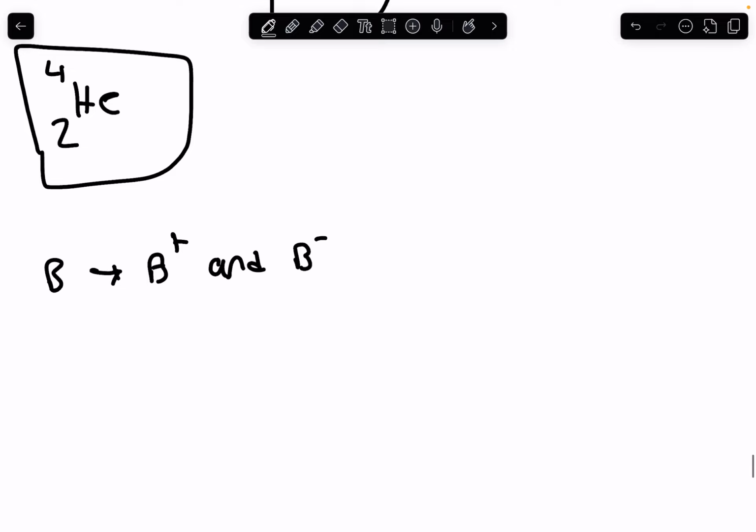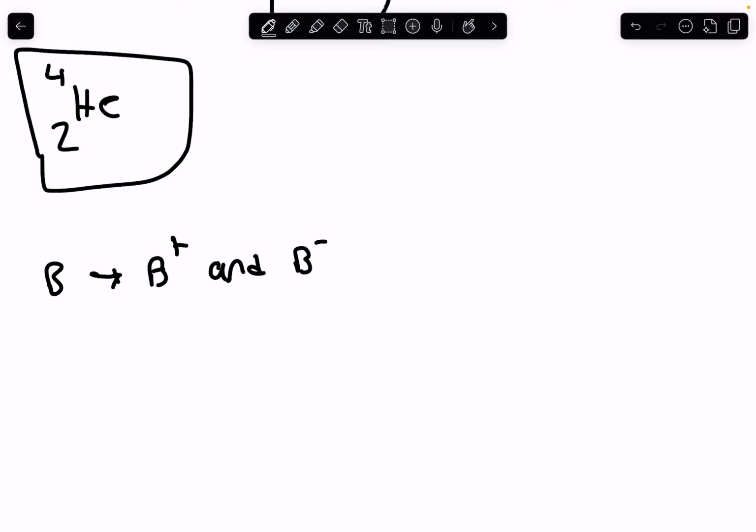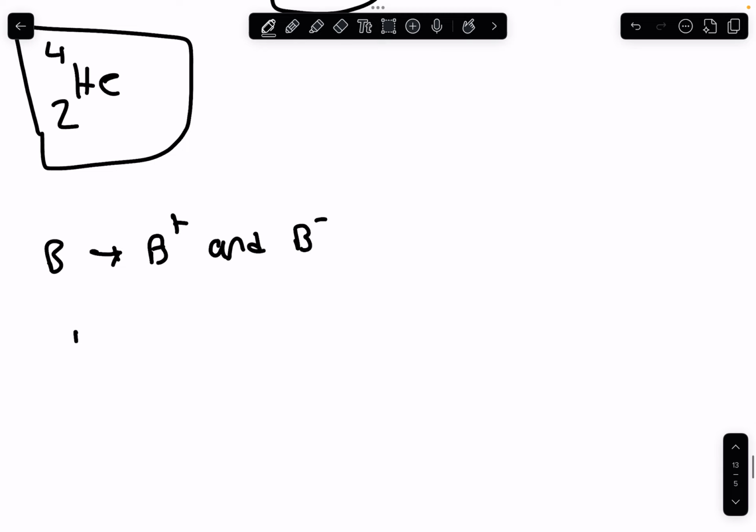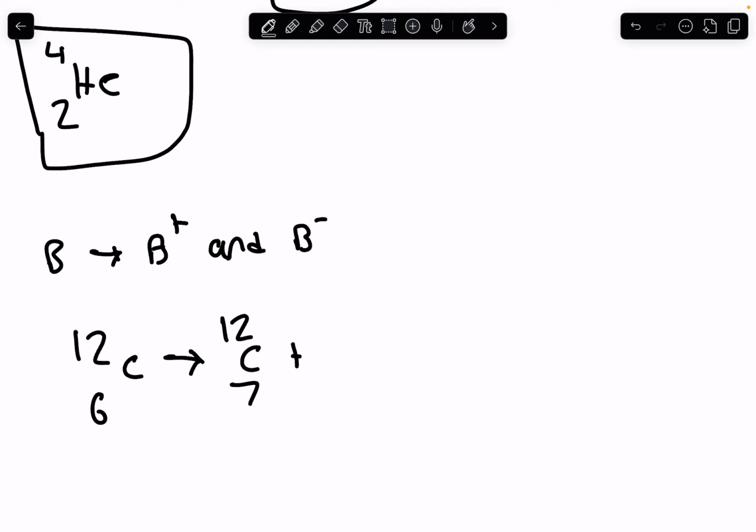I'll show you what it means using carbon again. Carbon 12, 6 becomes carbon 12, 7 plus an electron, and something I'll tell you about here.